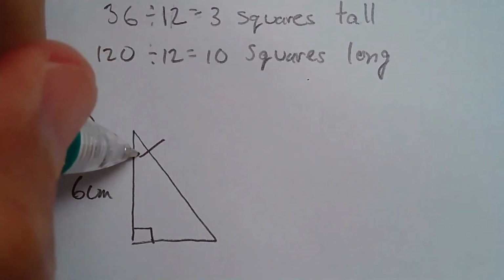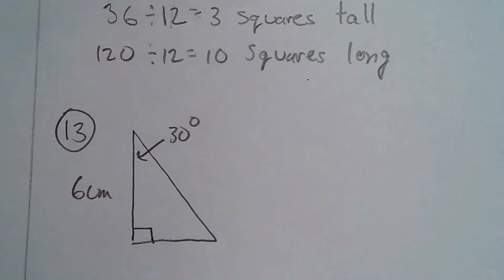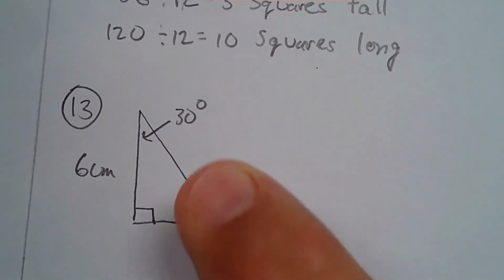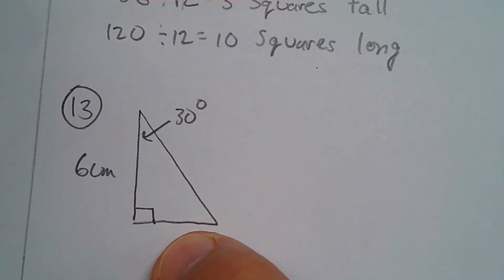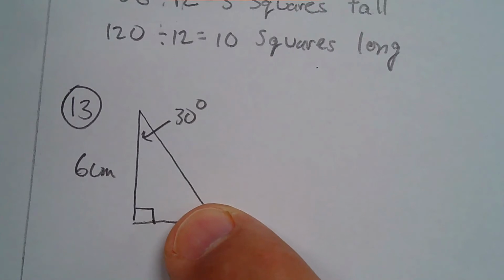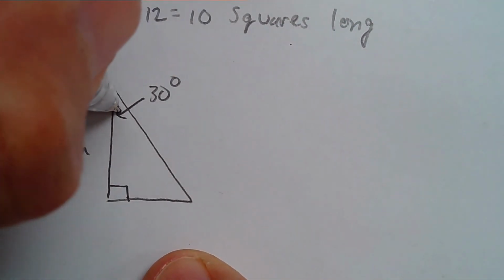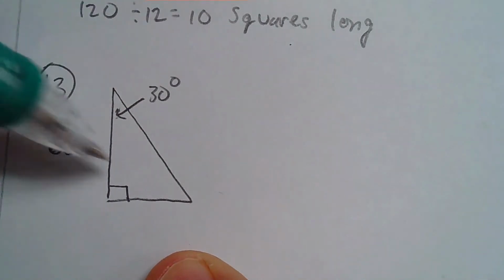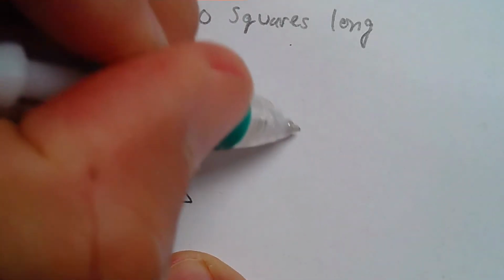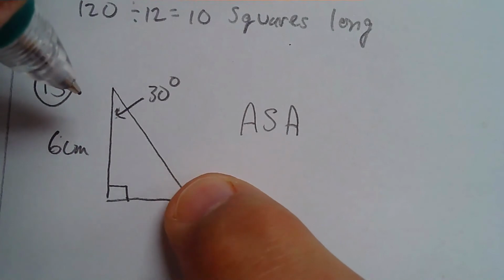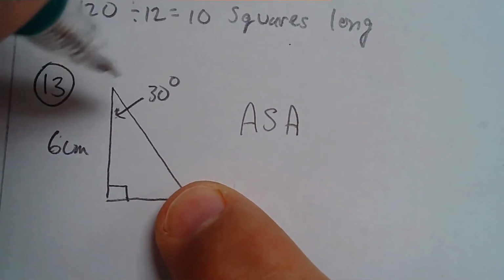And then if this were 30 degrees, could you make another triangle with these constraints? Could you make another triangle that's squatter, bigger, smaller, different shape or whatever? This is the classic angle, side, angle. No, you can only make one triangle. You can't make another triangle given these constraints with a different shape and size.